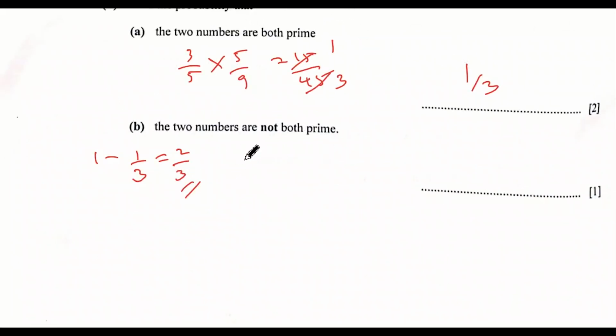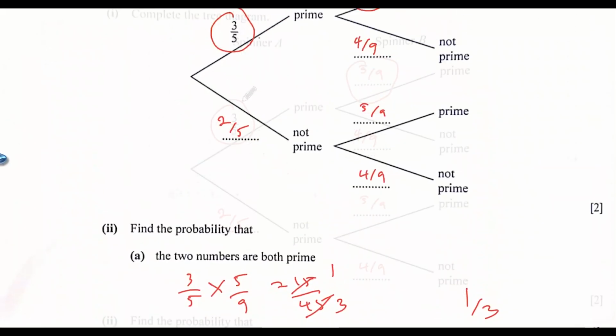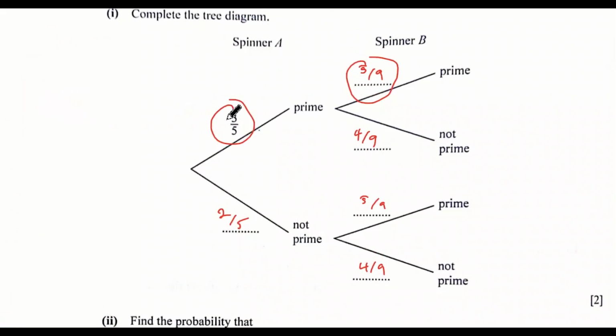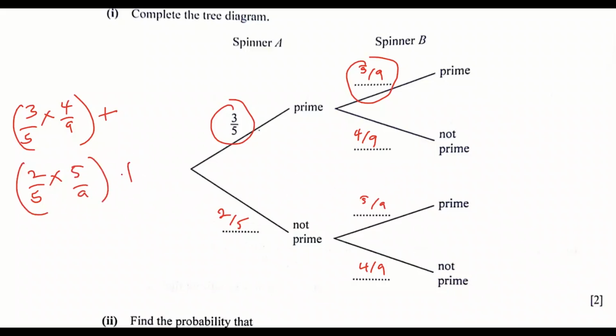Alternatively, you can get it from the tree diagram. The first one will be 3 out of 5 times 4 out of 9. Okay, so this is one way, or which is addition. The second one will be 2 out of 5 and 5 out of 9. Or that is addition.